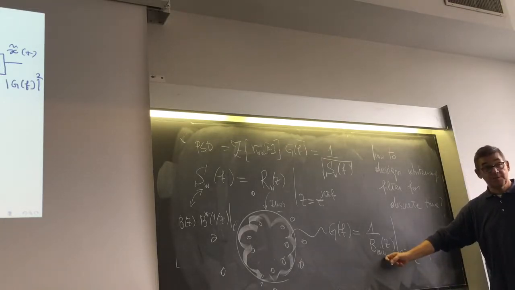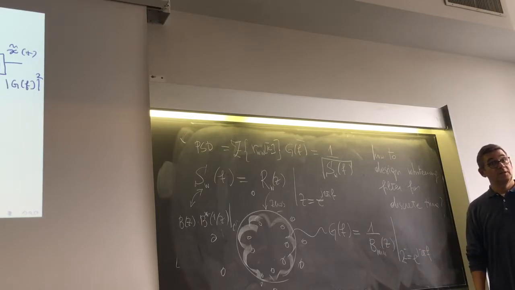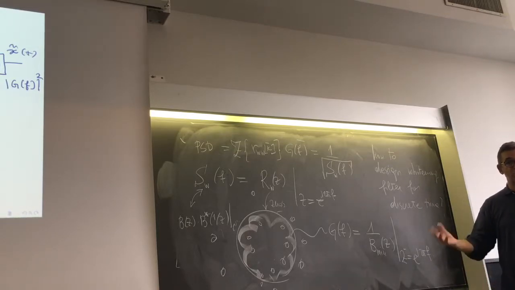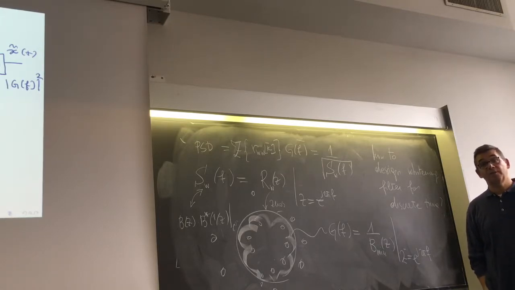And since that one is minimum phase, it's causal and stable. So I know how to do that. So that's where I need this factorization into minimum and maximum phase. I need it when I want to create a whitening filter.